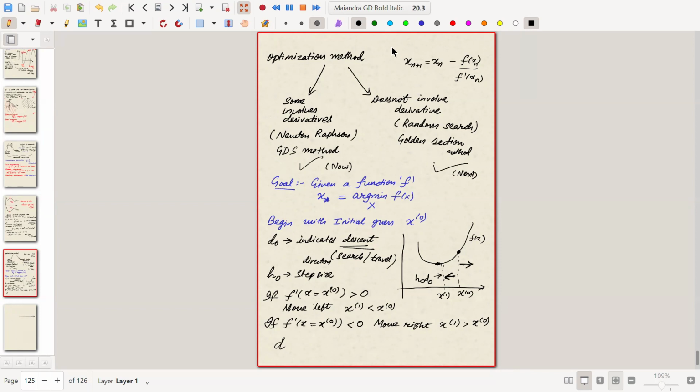If f prime of x is less than 0, that means negative, you're moving to the right, which means positive. So whatever the sign of f prime is, the negation of that is used. So D, the direction vector, you can set as minus of f prime. You can see from the intuition why we are using this.